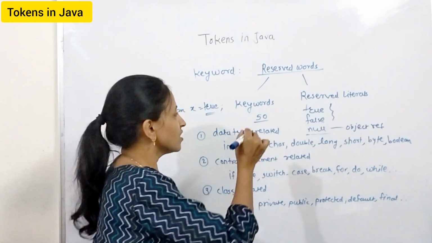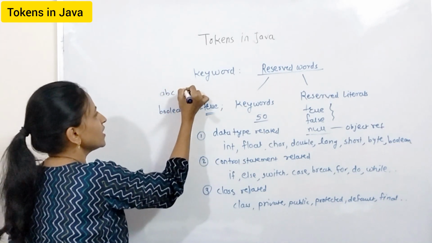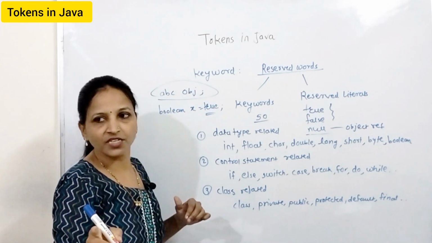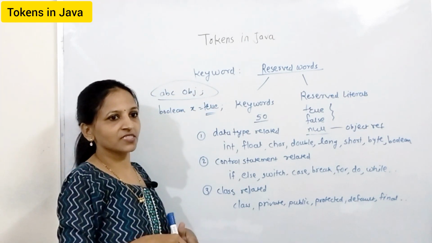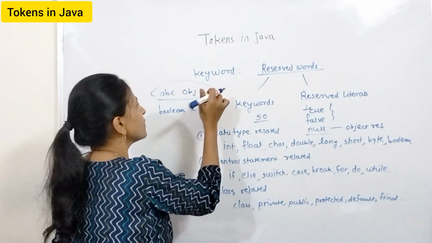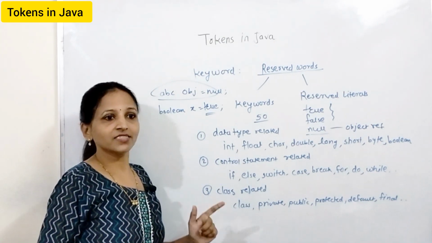Getting? Now see, if there is a class like ABC and you are writing only ABC obj, what does it mean? Here you are actually not creating an object. You are just creating an object reference, and if you want to give any initial value to this object reference, then you can specify null here.